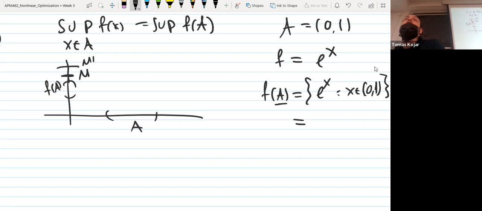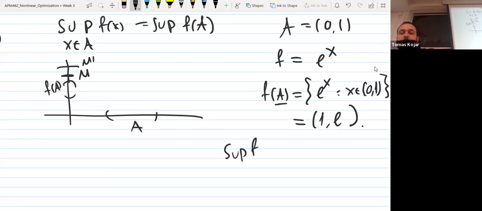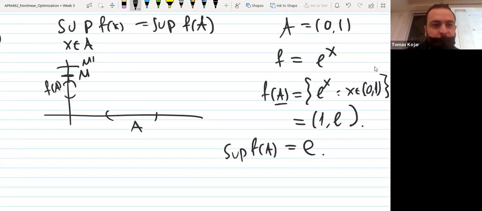Yeah, it will be the open interval (1, e). So what's the supremum of f of A? e. Okay? Zoom? Is that okay? Yes.